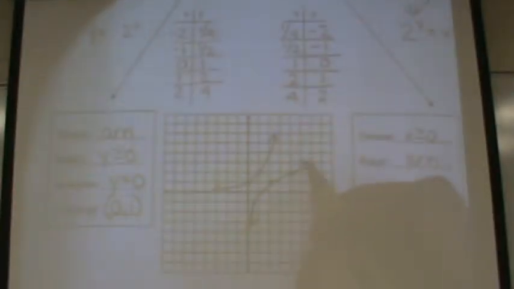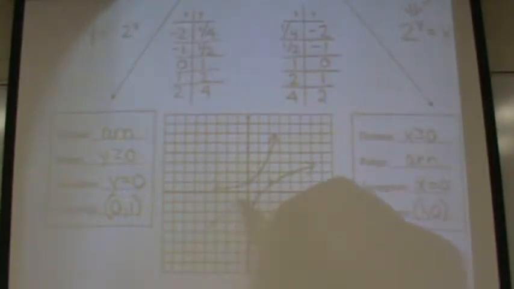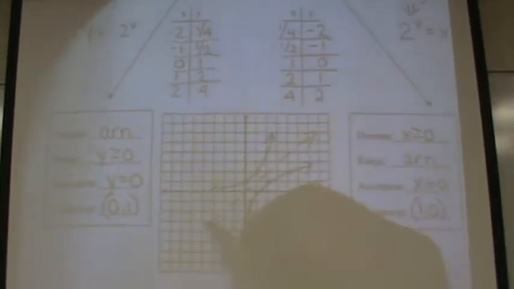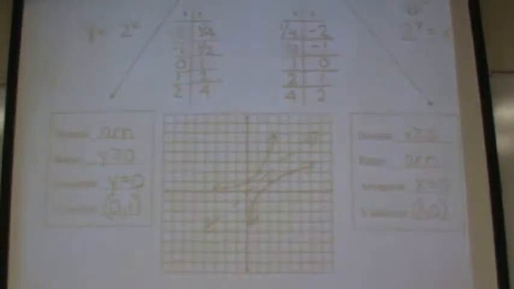Also, what can you say about these two graphs? They are reflected over the line y equals x. That's what inverses are. So these graphs are inverses of each other.